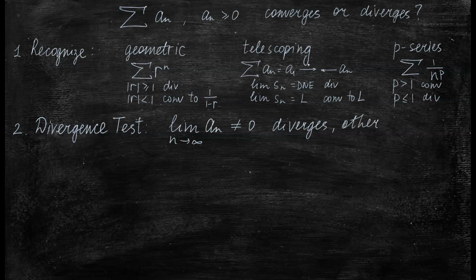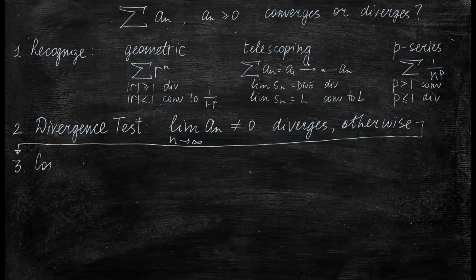If that's not the case, so if that limit is equal to 0, or you cannot find it, then proceed to the next step. And the next step involves running one of the convergence tests one after another, and you do that until you get the test that actually cracks the case.